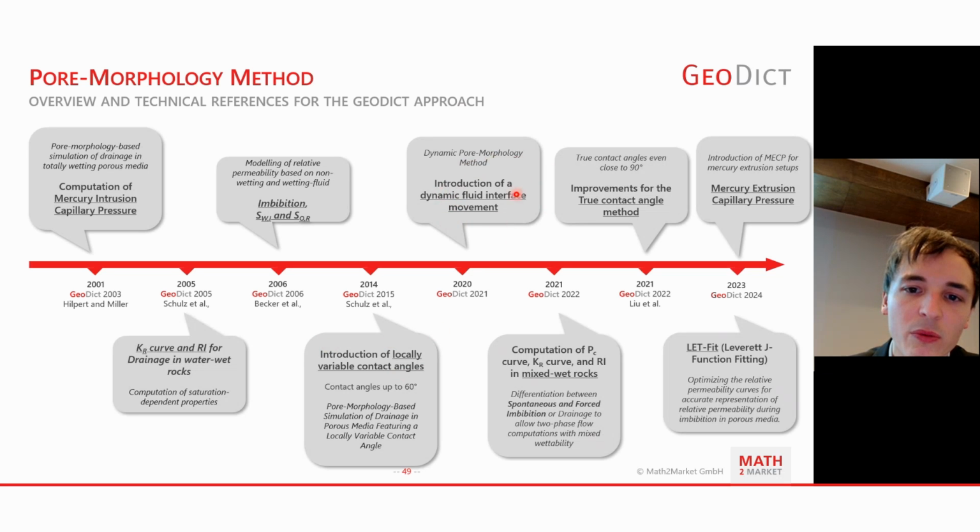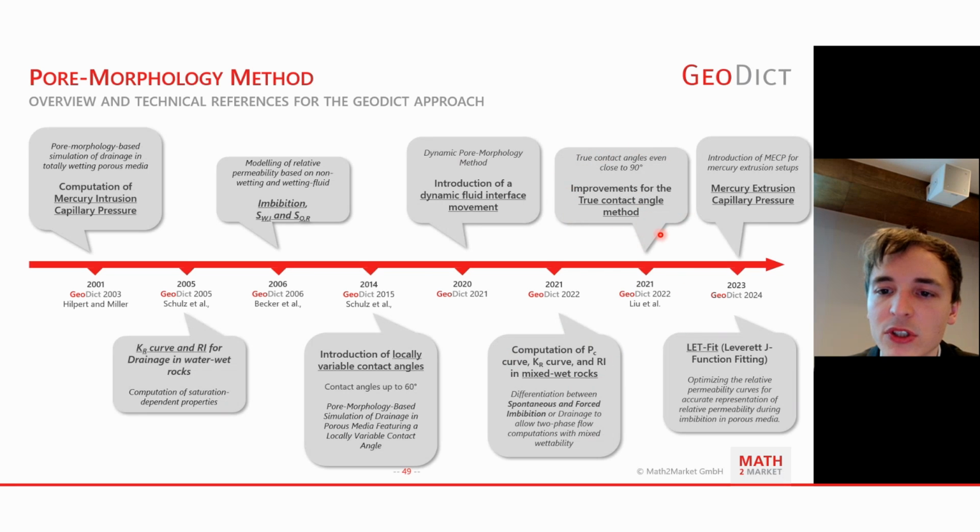Like I was showing you before with the experiments, we also introduced dynamic fluid interface movement, where you can control how far with each pressure step the saturation can go. That basically defines how many points for the capillary pressure curve you would get. Then the introduction of mixed-wet rocks, or mixed wettability in general.